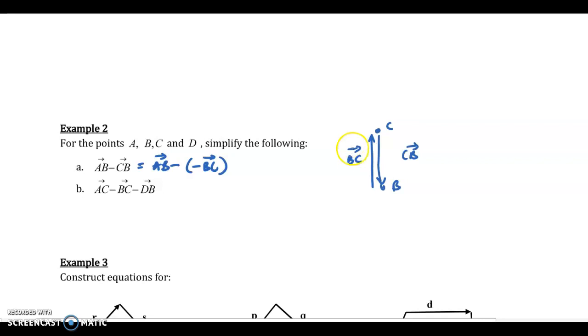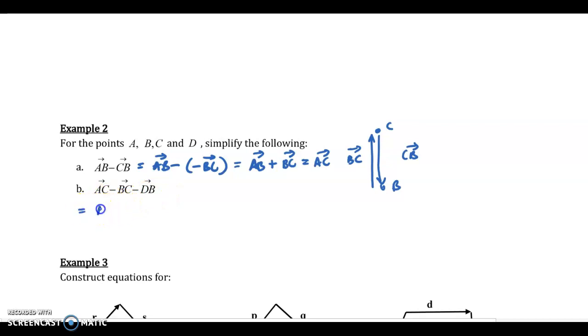And that is the negative version of CB. That will then give you AB plus BC, which is AC. Very convoluted, right? But it saves you drawing the diagram, which can get really confusing.